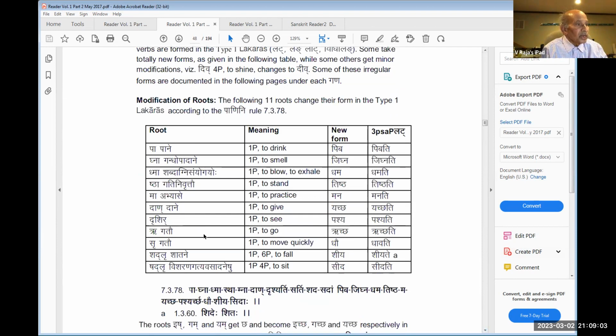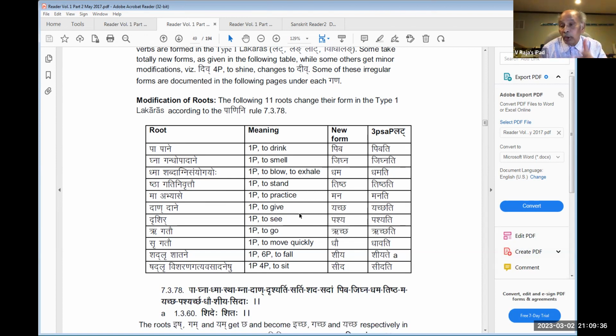These 13 roots have a new form in the verb, like drush, to see. It becomes pashya, and the verb third person singular becomes pashyati. Unfortunately, until you get to know the sutra, you have to know this.